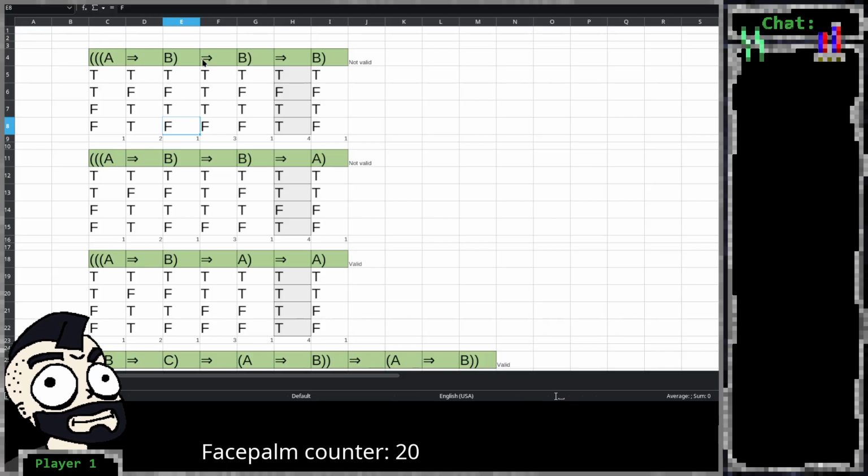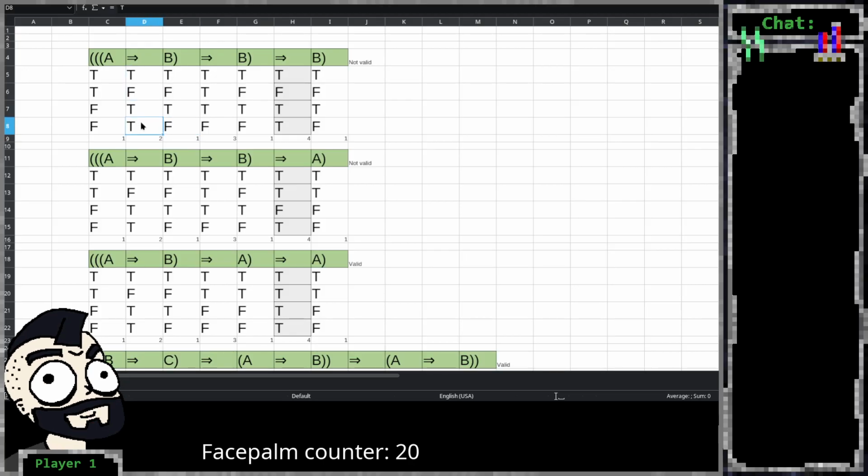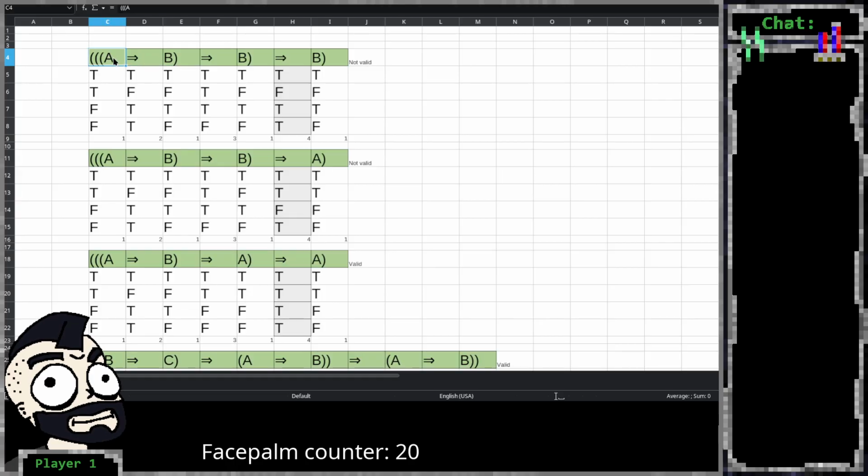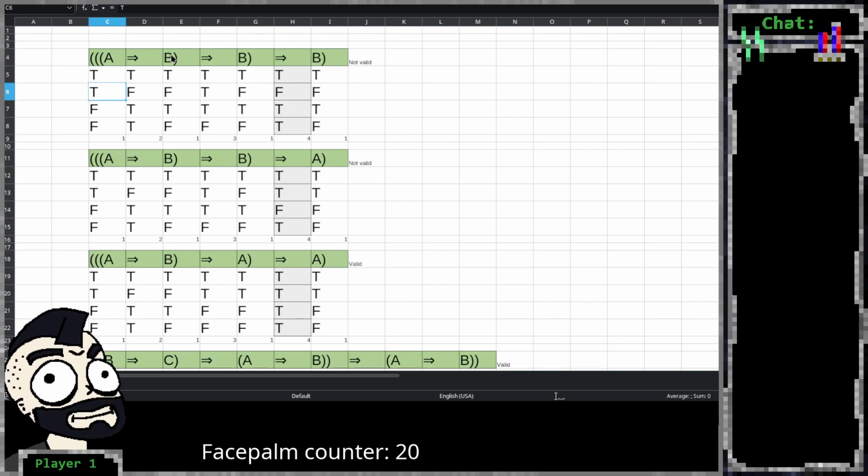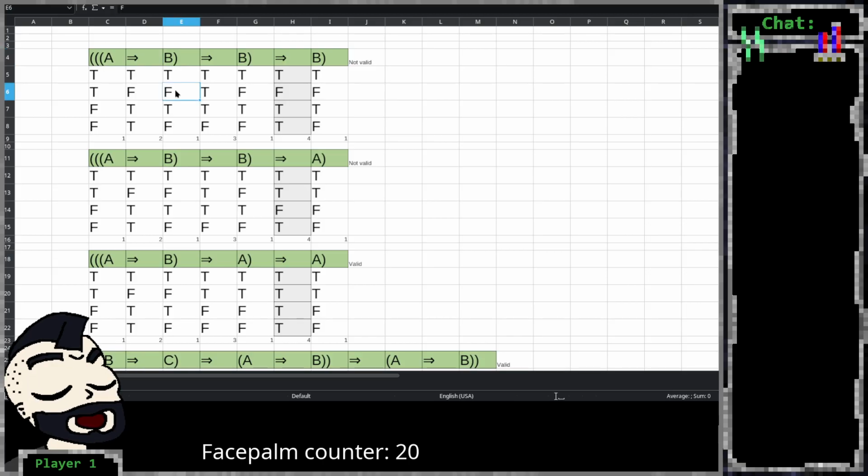So we have A implies B, which at this point, I hope everyone has memorized that under the canonical order, it is just true, false, true, true, because the only combination that makes a material conditional or implication false is when the antecedent, or the first part, or the sufficient cause is true, and the consequent, or the second part, or the necessary cause is false.